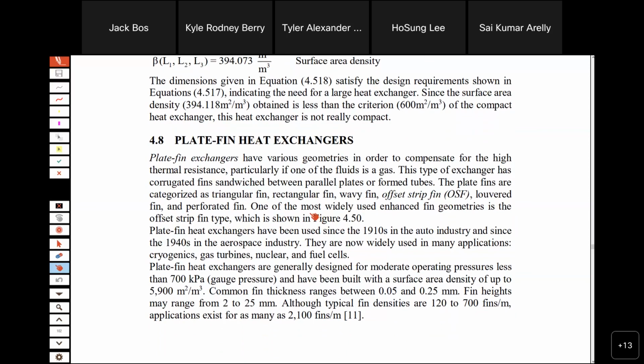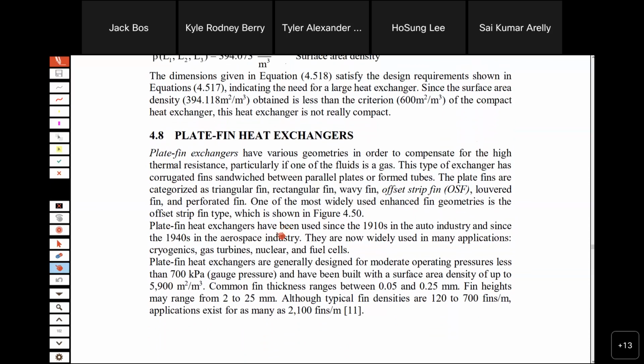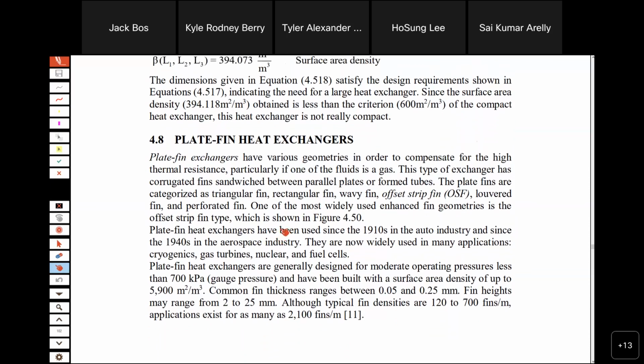In order to have the most effective heat exchanger, the offset strip fins, OSF, are adopted.